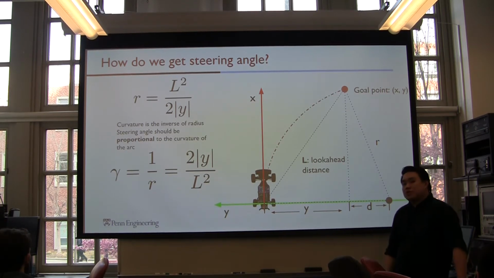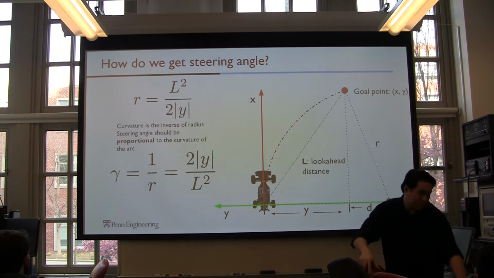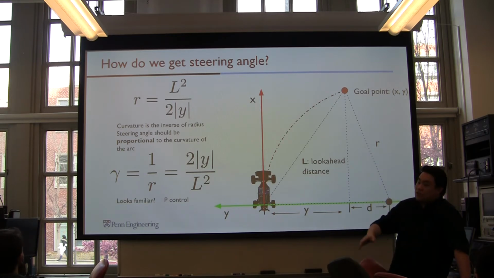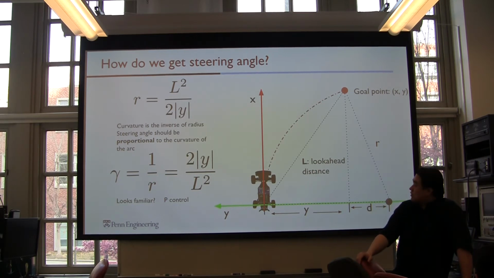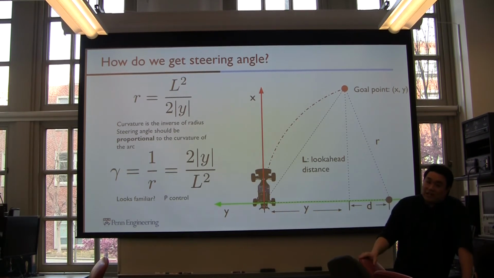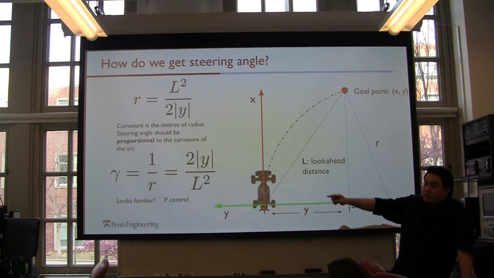So to come up with a steering angle, you solve for this gamma, the curvature of the arc that you're chasing, and then you do a P control on it, proportional to the curvature. As we mentioned before, the look-ahead distance is a parameter, so L is something that you control.